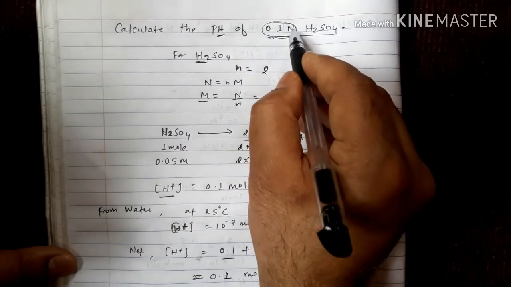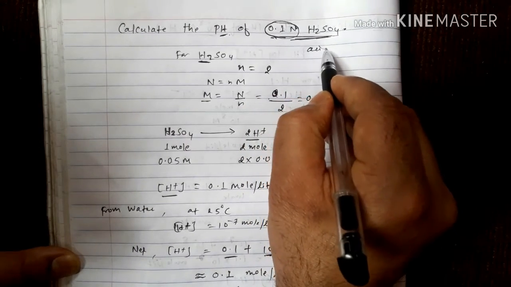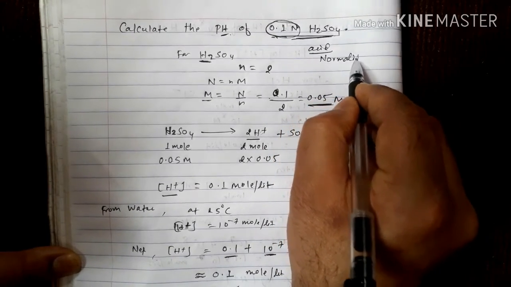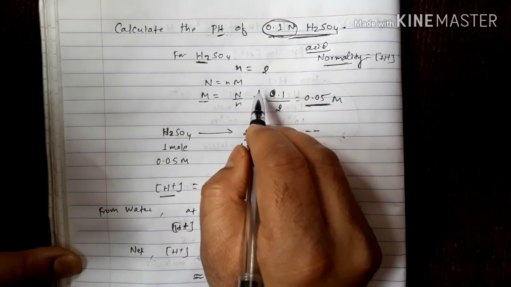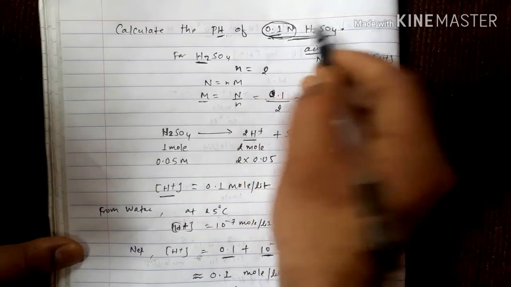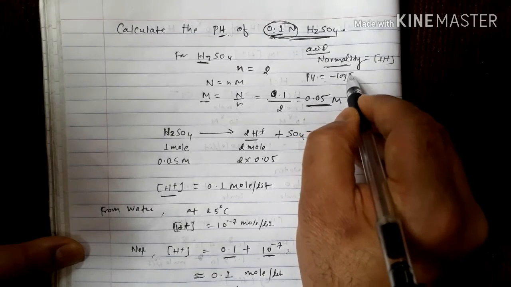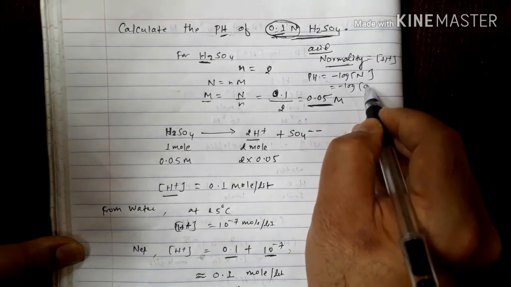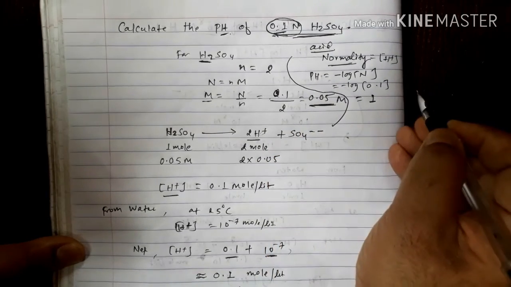For a shortcut trick: for an acid solution, the normality of the acid is equal to the concentration of hydrogen ion. Therefore, the normality is the concentration of hydrogen ion. You can directly find the pH in this way: minus log into normality, minus log 0.1, the answer will be 1.